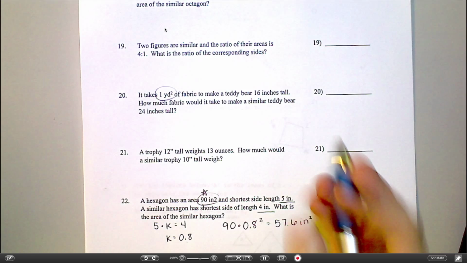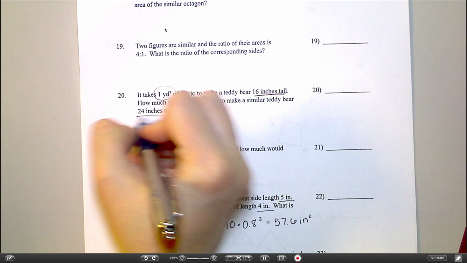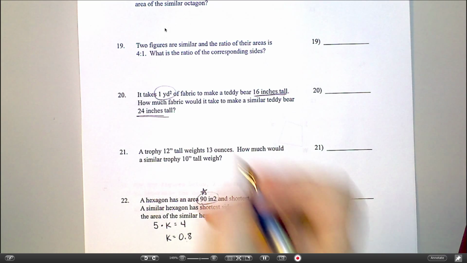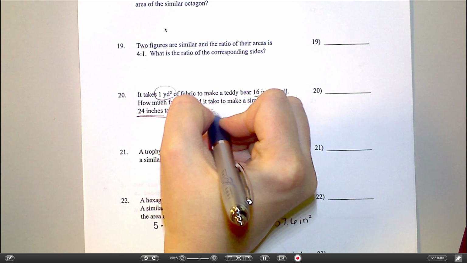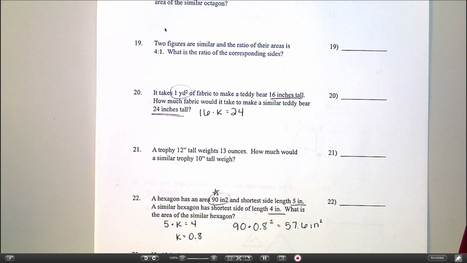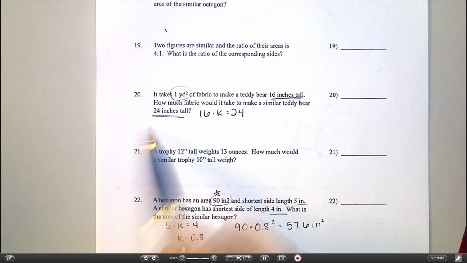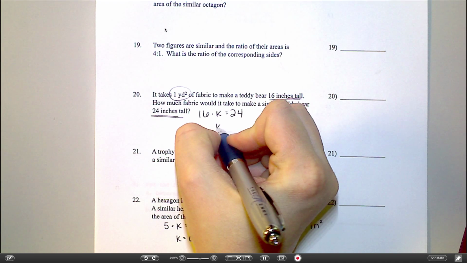Remember, to find your K value, I would go back to regular length. So go from this length to this length. I want to know what K value turns a 16 into a 24. Well, I would do 24 divided by 16. I get 1.5 for my K value.